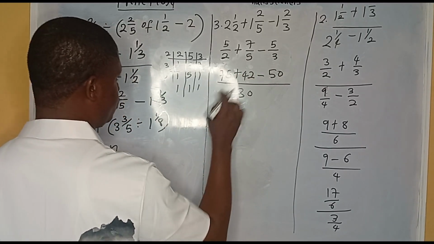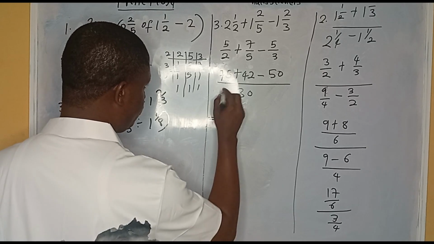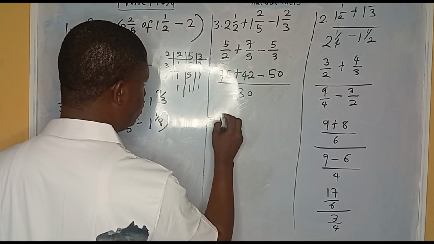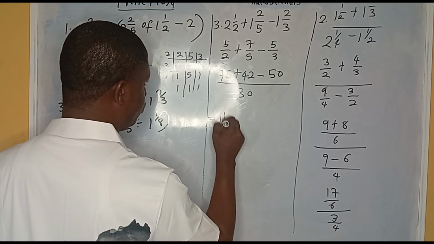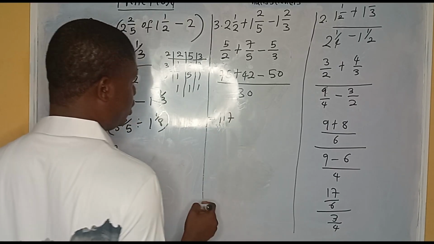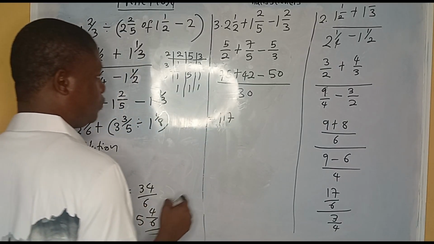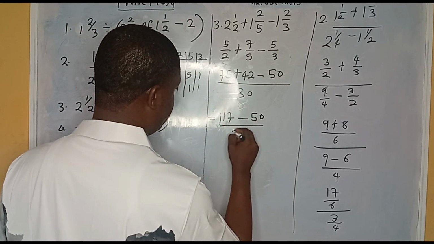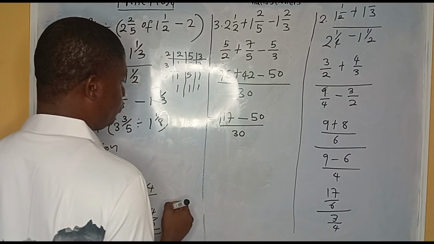So 75 plus 42 will give us 117. Then minus 50 over 30.